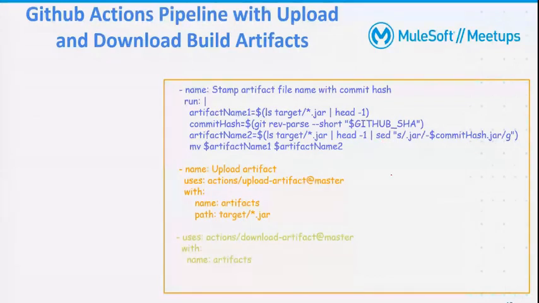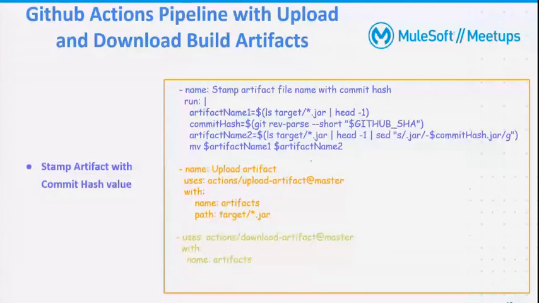Here we can upload by using this action, and we can download the same jar or artifact by using the download action. In our pipeline, I'll show you as part of the demo in which job you should upload and in which job you should download. So we can stamp with the commit hash value.